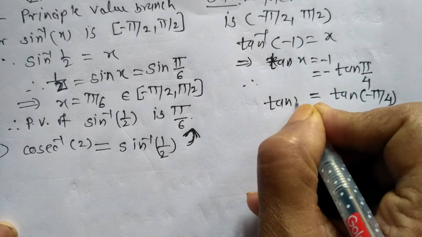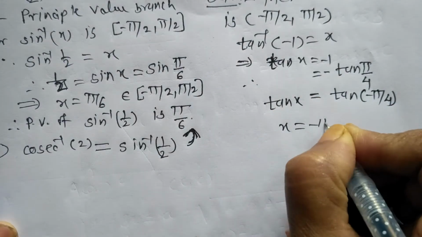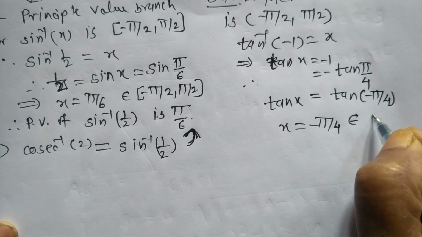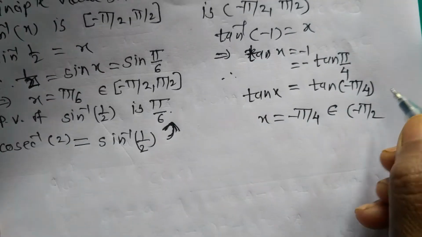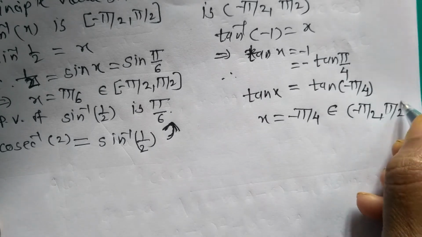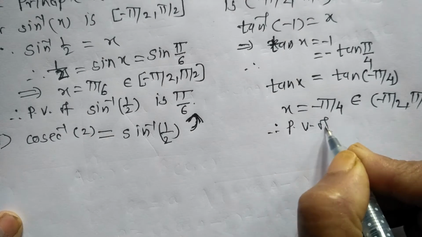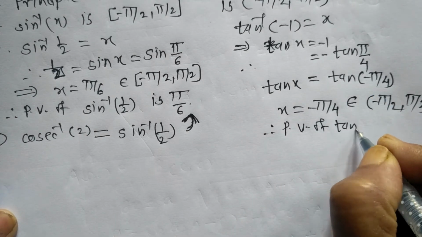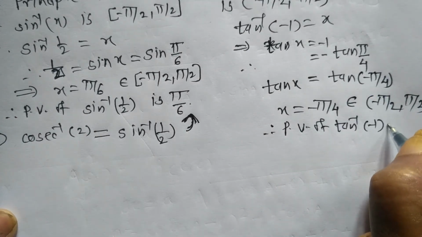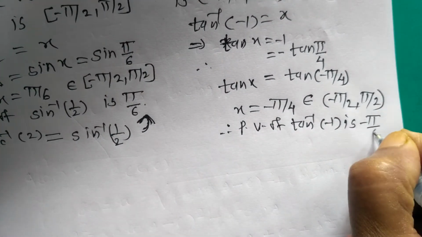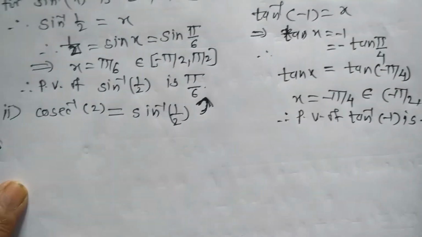So x is equal to minus pi by 4, which belongs to the open interval minus pi by 2 to pi by 2. Therefore the principal value of tan inverse minus 1 is minus pi by 4 for the given interval.